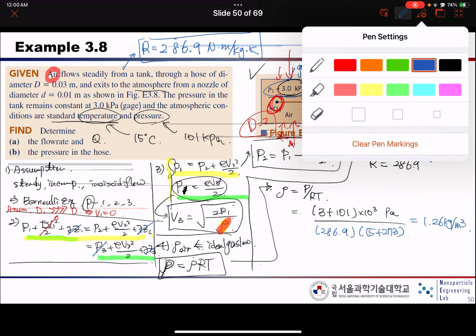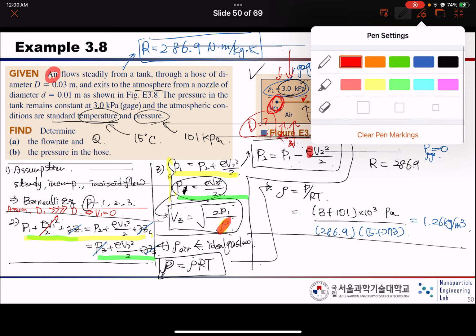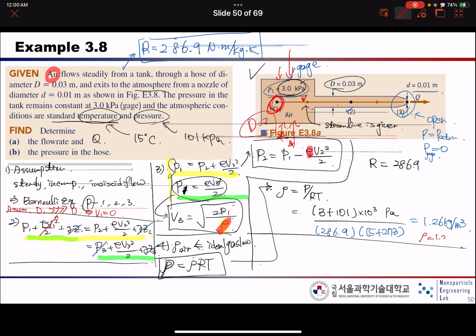So based on this information, the density is 1.26 kilogram per cubic meter. So now you can plug those values in over here, right?